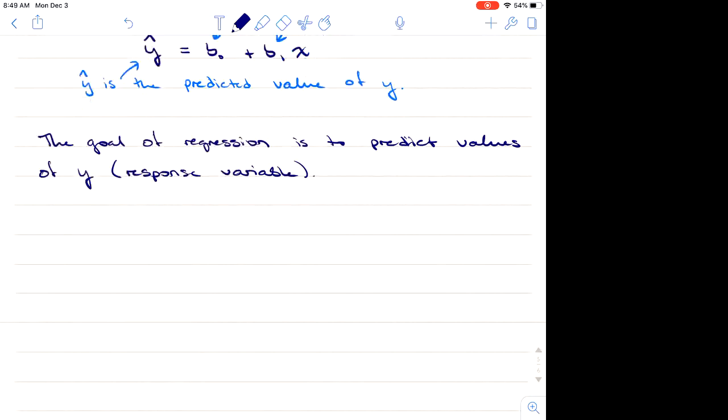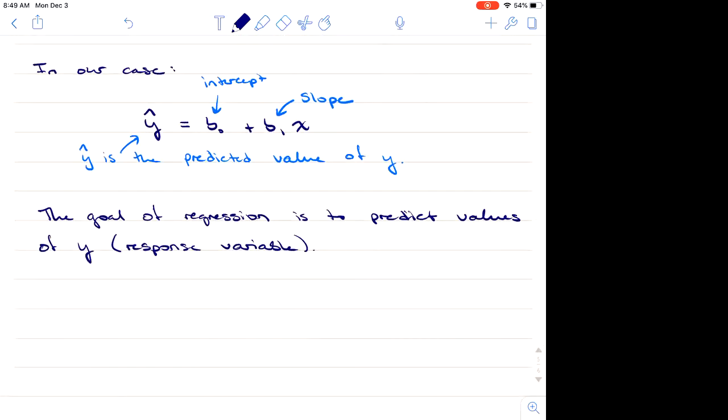We want to predict values of y. And to do that, we're going to calculate the slope with that equation I've given you, and we're going to calculate the intercept, and then we'll be able to put in any value of x that we want, and then calculate the predicted value of y.